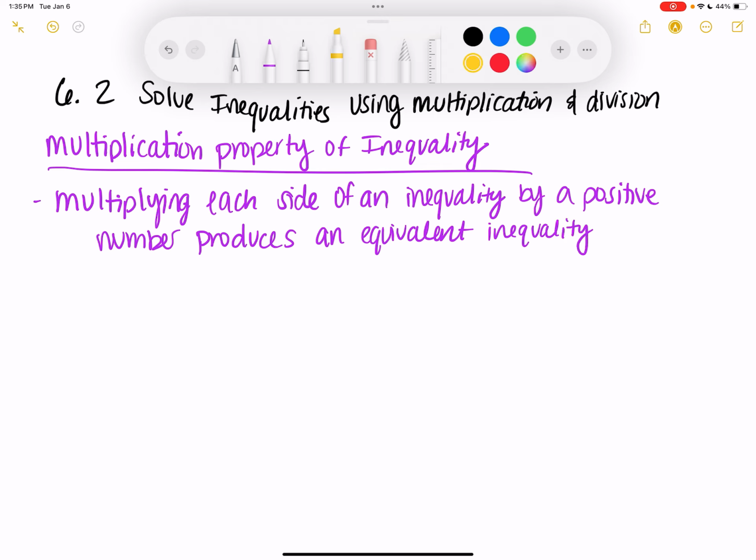So something to notice here is this says a positive number. Okay?